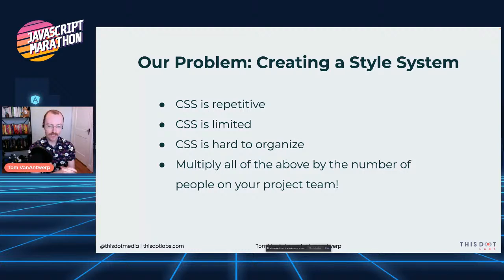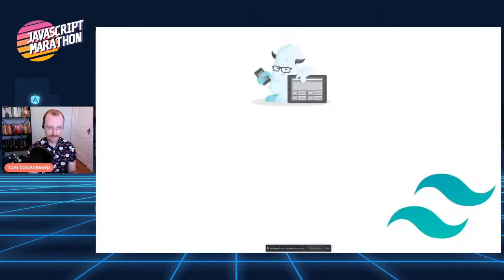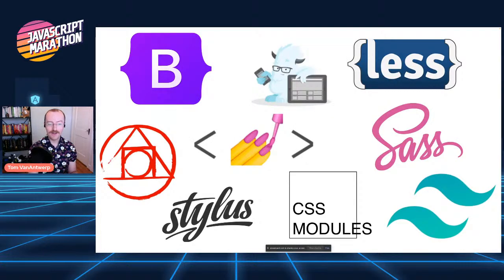And once you've got a large team, lots of people, lots of moving pieces, all of these problems can get magnified. So it's important to have some kind of a system, an organizing principle, a way to get around a lot of the little issues that CSS can cause. And there have been many attempts to tweak CSS to make it easier.